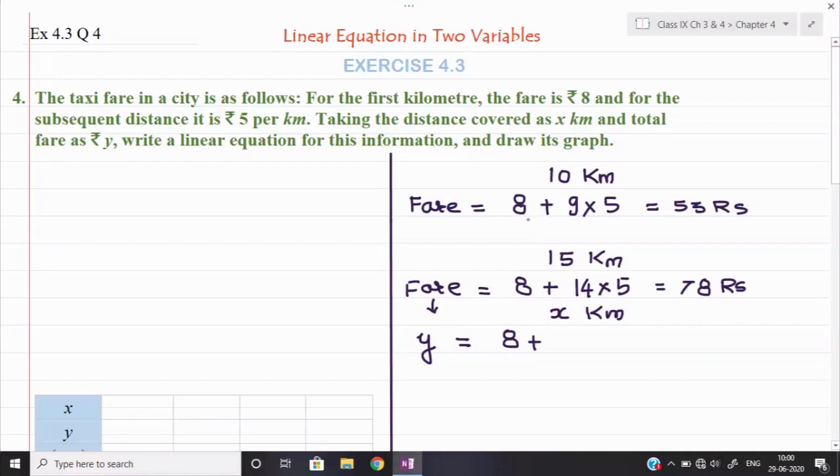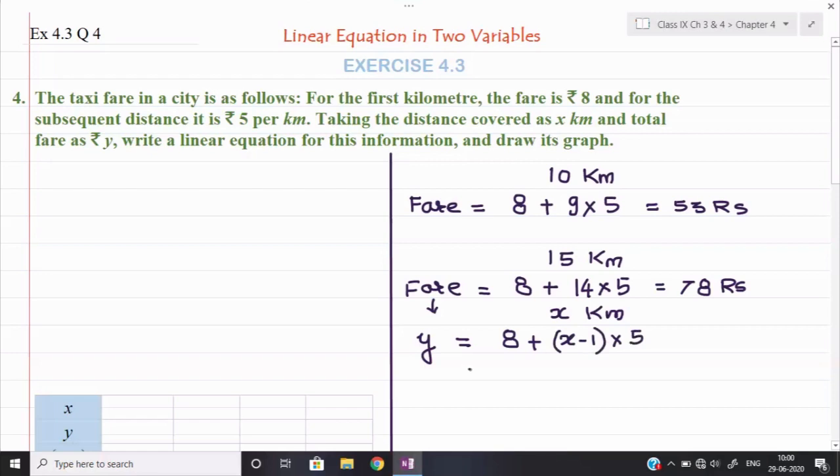So we shall count the charge from the second kilometer onwards. From the second kilometer to 10 kilometers, the total number of kilometers remaining is 9. Same way here, the number of kilometers remaining is 14. So 1 less is coming here. Same way we shall write x minus 1, because the total number of kilometers remaining will be x minus 1, multiplied by 5, same as it is.